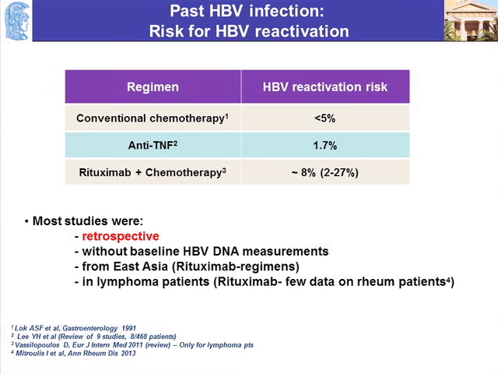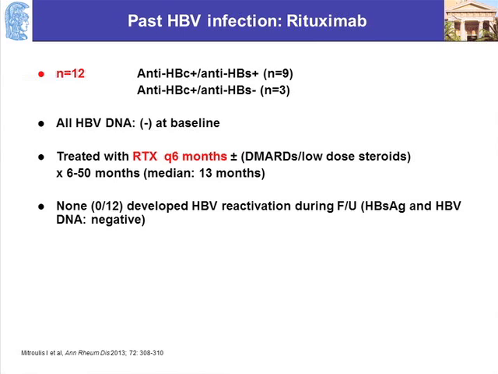But if you look in the hematology literature, there is a wide variation ranging from 2 to 27%, but we have to keep in mind that these were retrospective studies, mainly from East Asia, in lymphoma patients who got other medications too. We did a small study last year in which we looked at 12 patients with past HBV infection, and we checked HBV DNA at baseline and during treatment with rituximab, and none of them developed HBV reactivation.